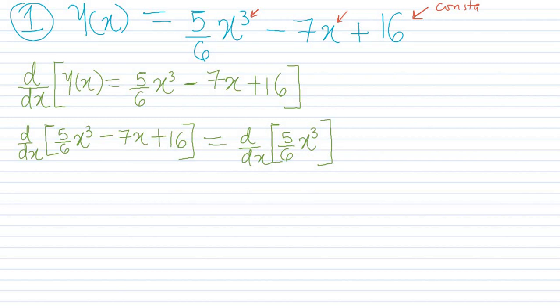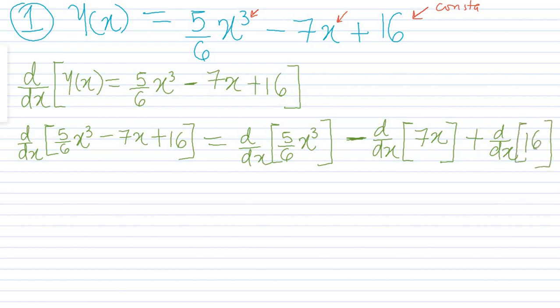So that's that one. Plus or minus, because we have a minus here, d over dx of 7x plus d over dx of 16. So how do you solve this?